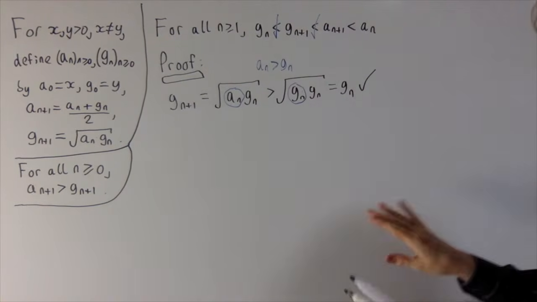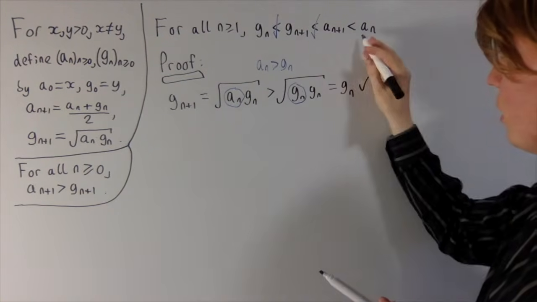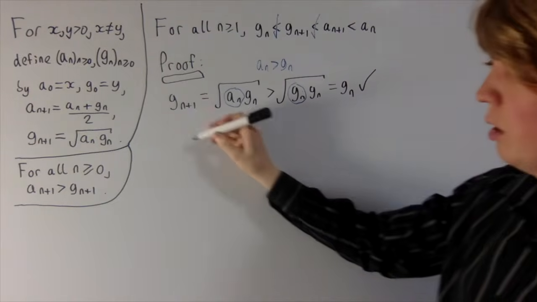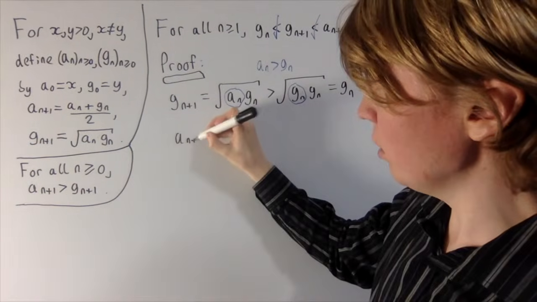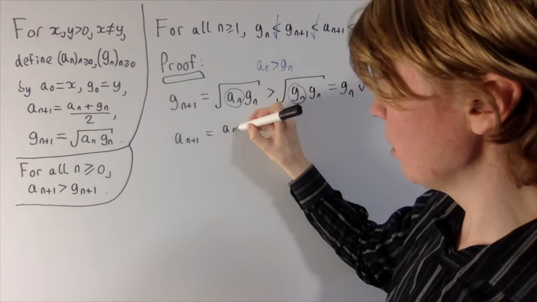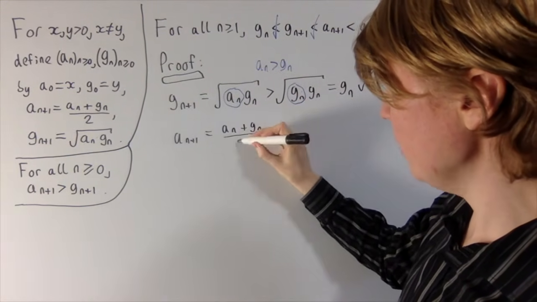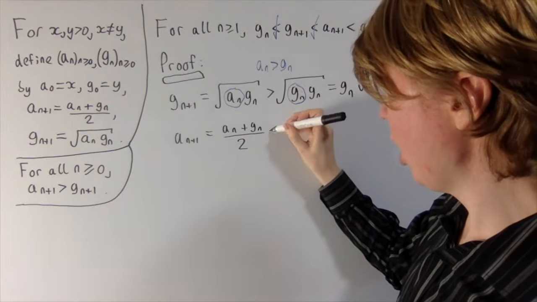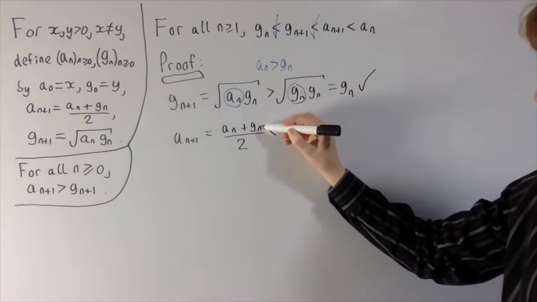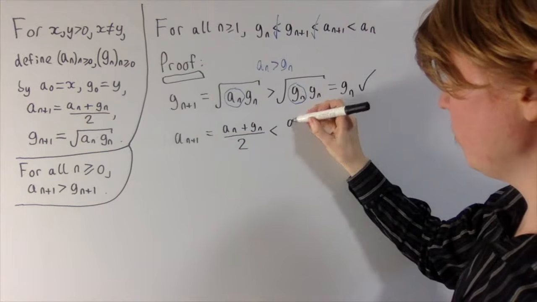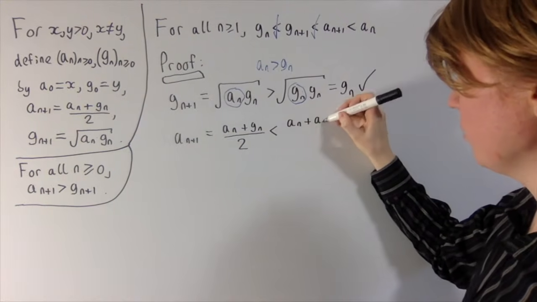And then we can use a similar kind of approach for the inequality with An and An plus 1. So what is An plus 1? This is the arithmetic mean of the previous two terms, An plus Gn, divided by 2. And then, because we know that Gn is less than An, we can replace Gn by an An here.